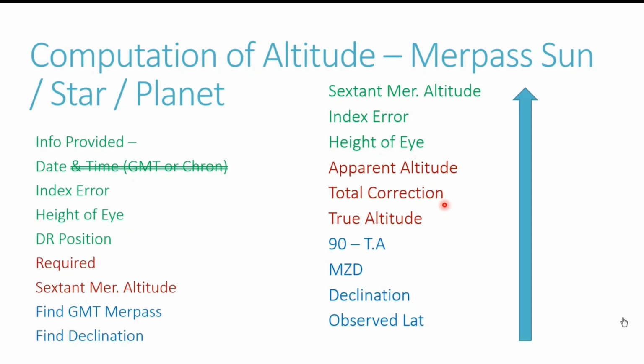So 99% of the times the true altitude as well as the apparent altitude fall within the same range given in the almanac, giving you the accurate total correction irrespective of whether you enter with apparent altitude or true altitude of the body.